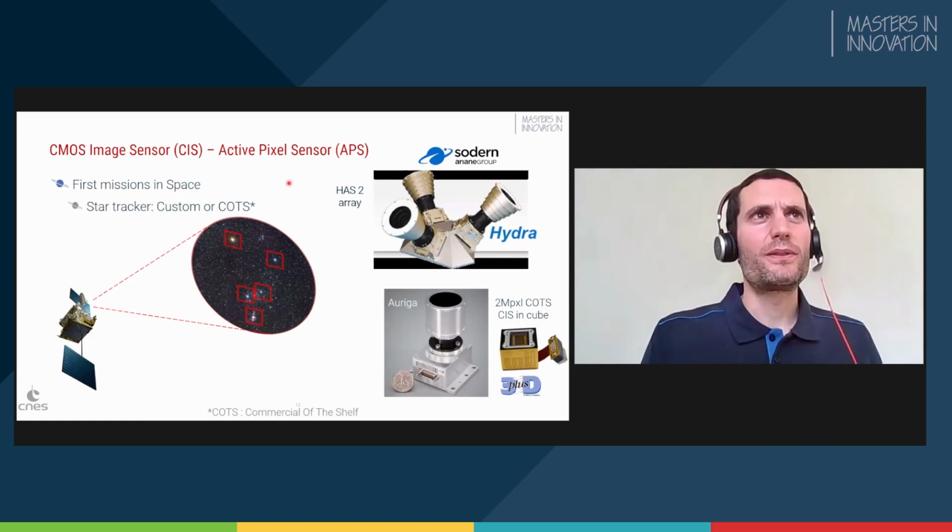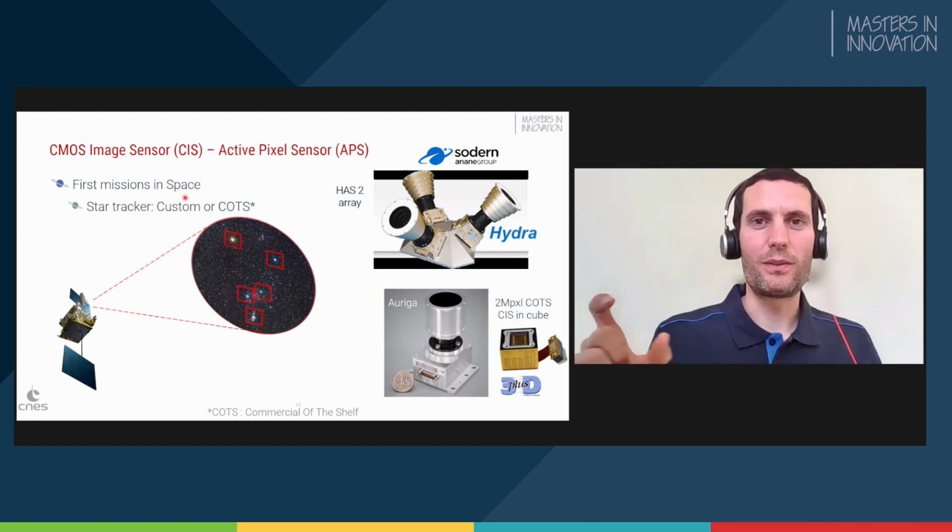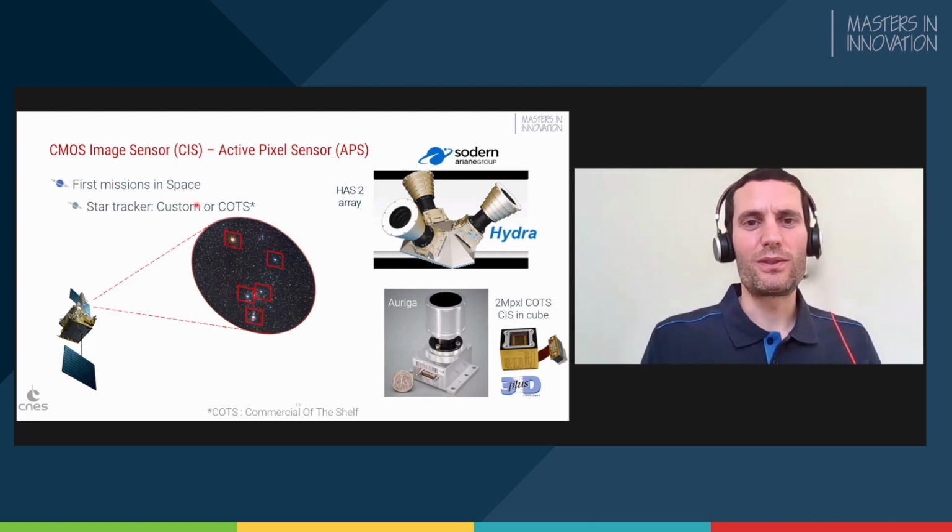Historically, the first application to use active pixel sensors were actually star trackers. They were very interested in the fact that you can address a sub-portion of the pixel array very easily, and they started to use that to map the stars in order to know where the satellite is.